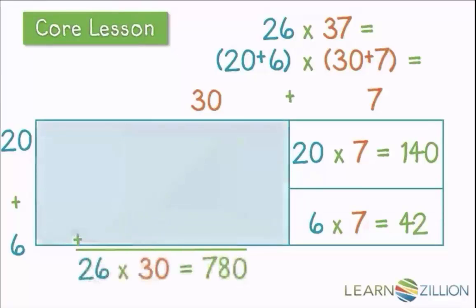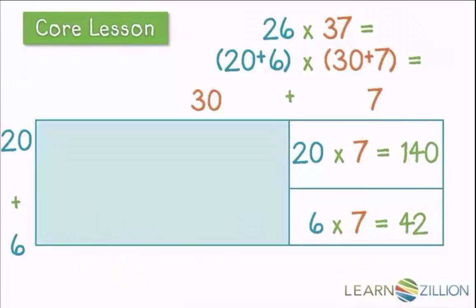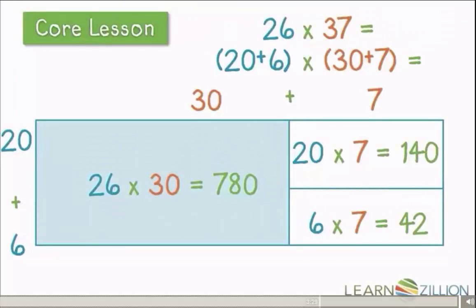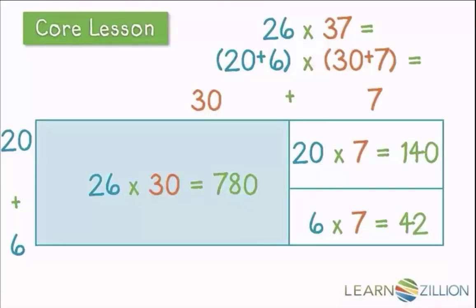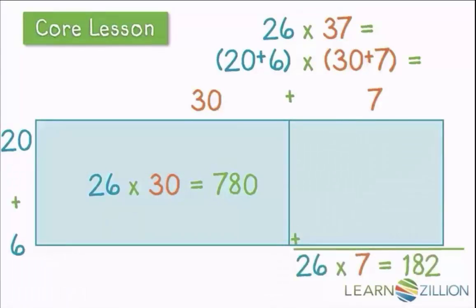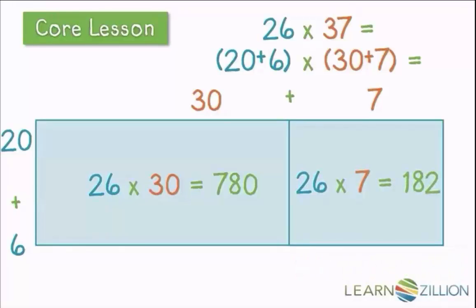Now when I add those two together, I get a total of 26 rows of 30 in each row for a total of 780. Now I'm going to move over to the 7s column. I'm going to add 20 groups of 7 equaling 140 to 6 groups of 7 equaling 42 for a total of 26 groups of 7, or 182.